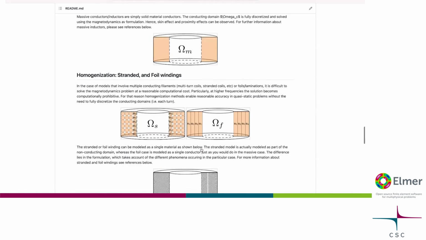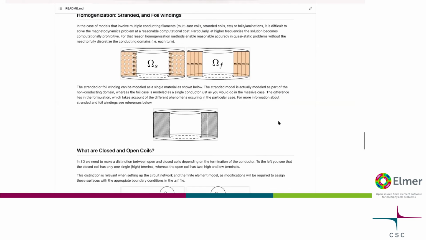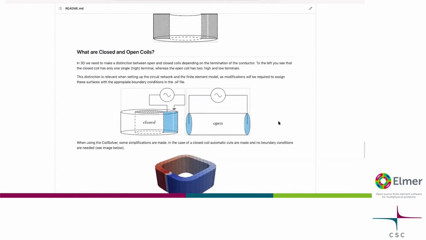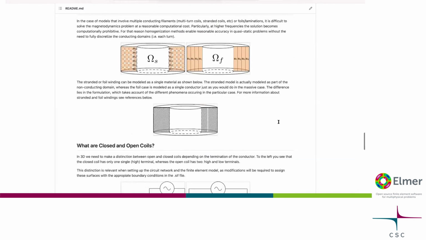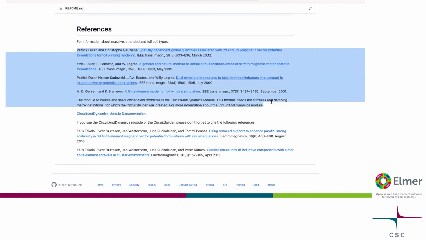So you need to basically set it up as a solid material. And if it's stranded, it belongs to the non-conducting domain, for instance. And then you model it as air. And if you're interested in the actual numerical part of it, we developed it based on these references that you see here.